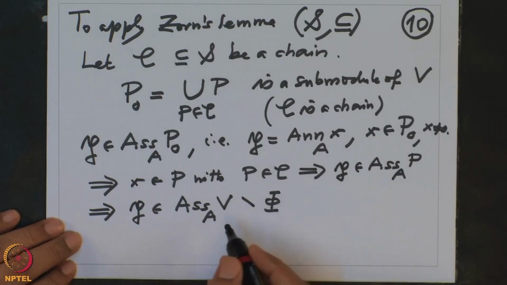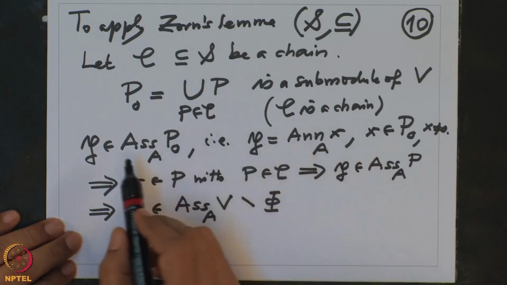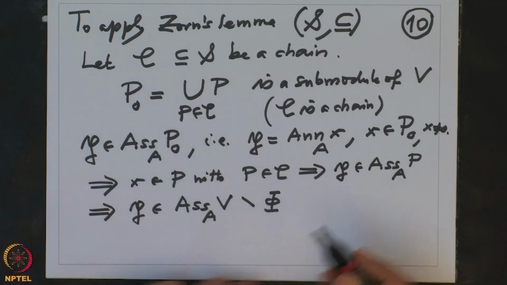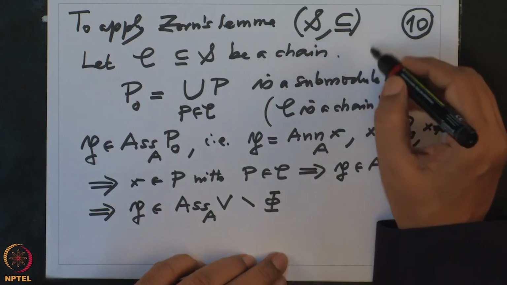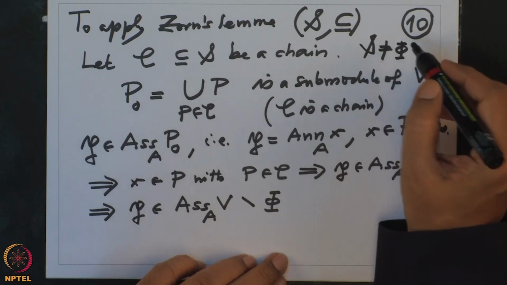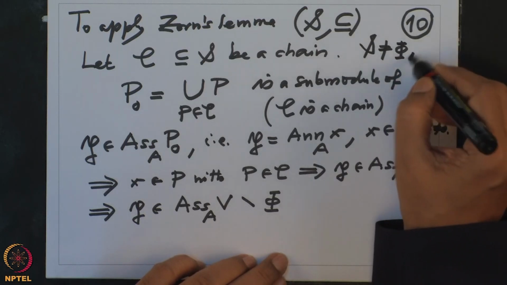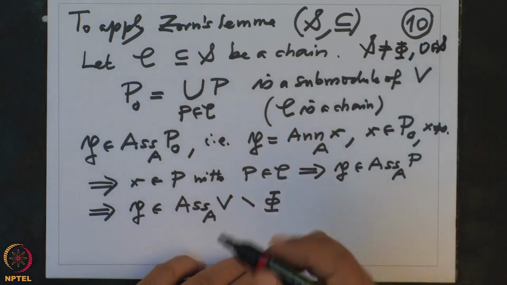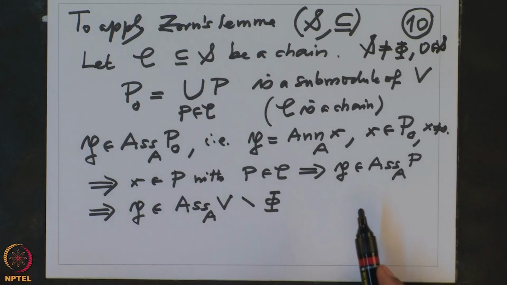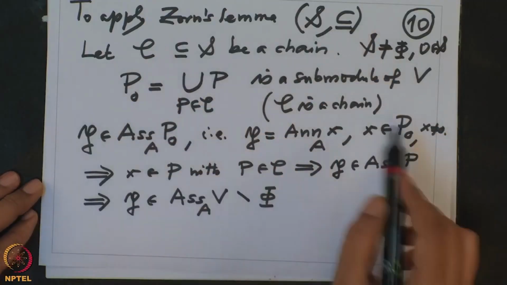Alright, so we have checked that if P belongs to the associated prime ideals of P naught, then P should belong to this. And also note that I forgot to check that S is a non-empty set. That is clear because the submodule 0 belongs to S. If P is 0, then the associated prime ideals of 0 is obviously contained here, and therefore 0 is an element in this, therefore this is a non-empty set and every chain has an upper bound.